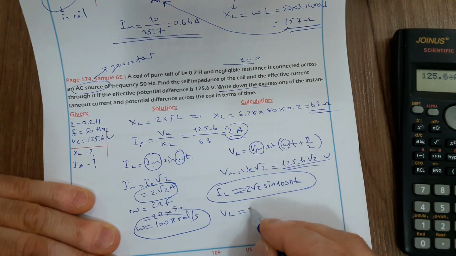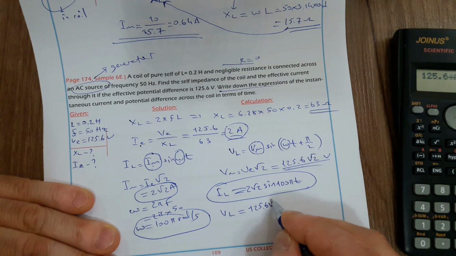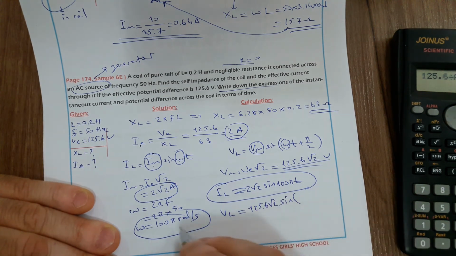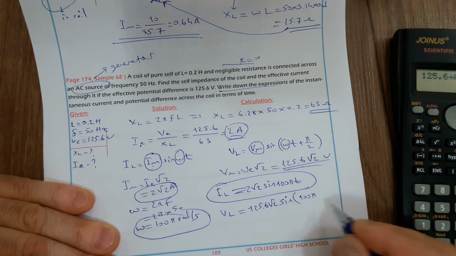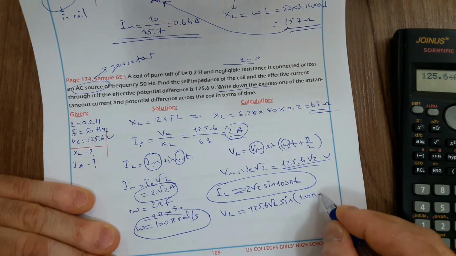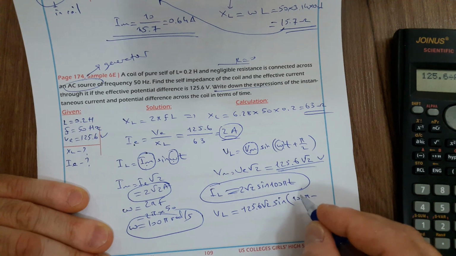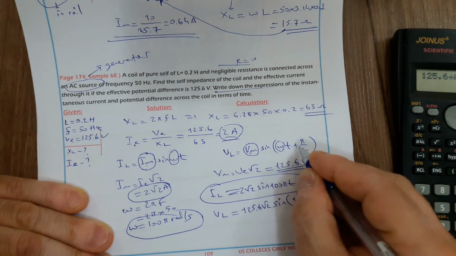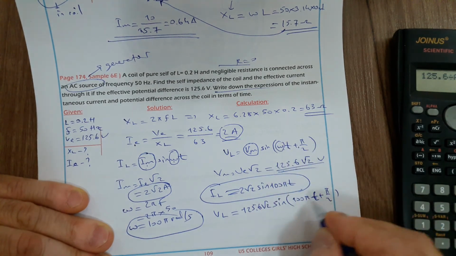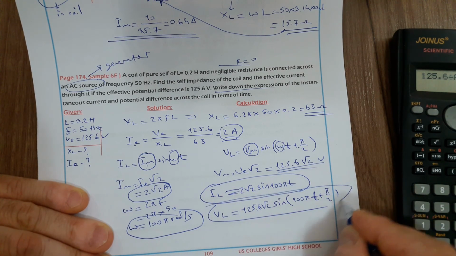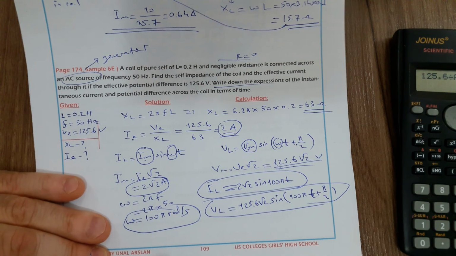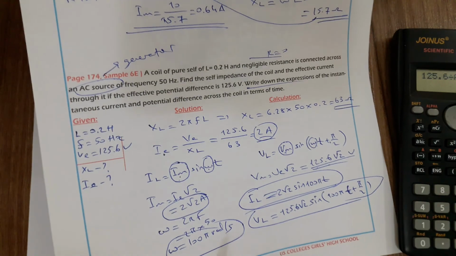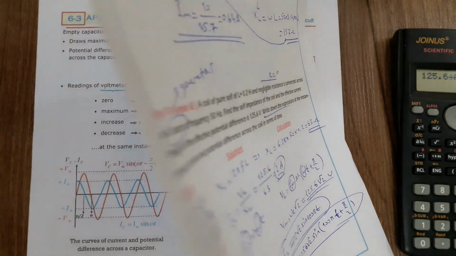It is 125.6 root 2 multiplied by sine omega, omega is 100 pi, so 100 pi t plus pi over 2. This is the expression for potential difference. These are two questions about the pure inductance circuit.